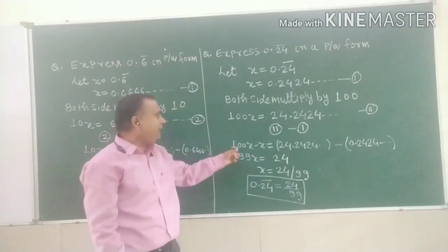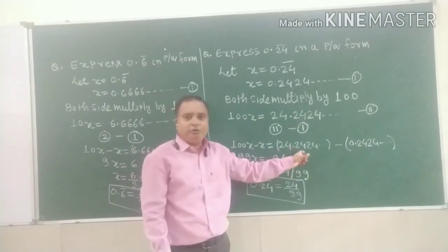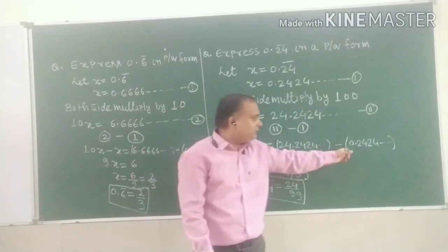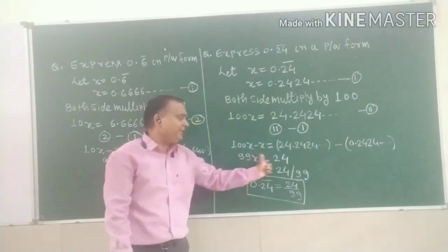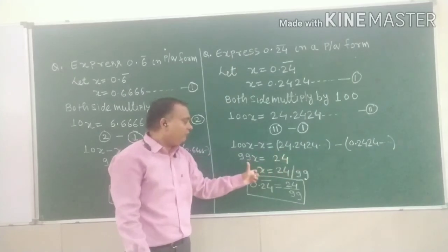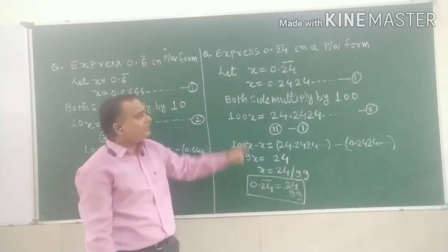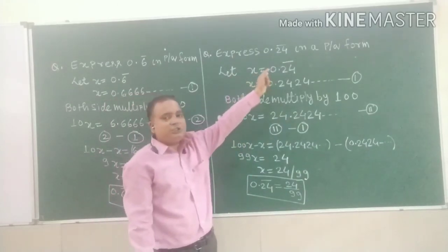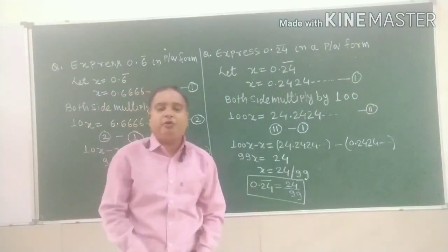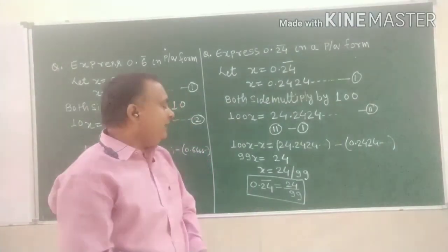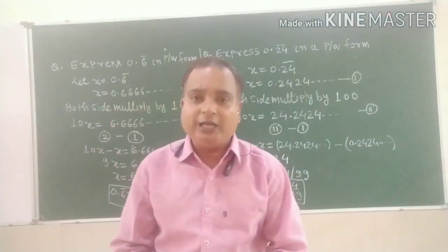So we can write 100x minus x equal to 24.2424 minus 0.2424. So that is 99x equal to 24, or we can write x equal to 24 upon 99. Now what is x? The x is 0.24 bar. So we can write 0.24 bar can be represented in p upon q form as 24 upon 99.